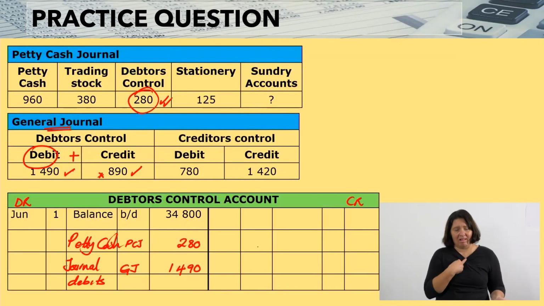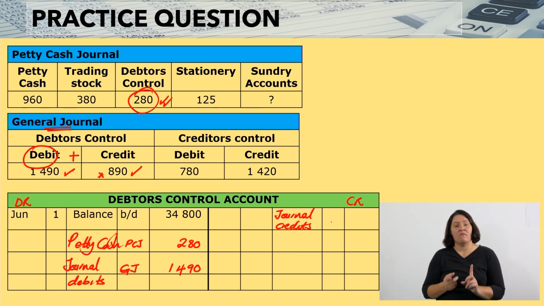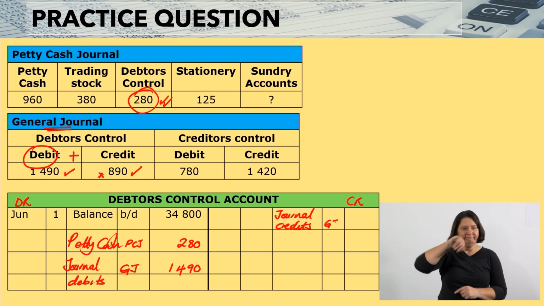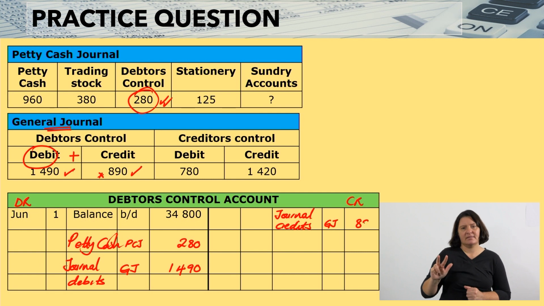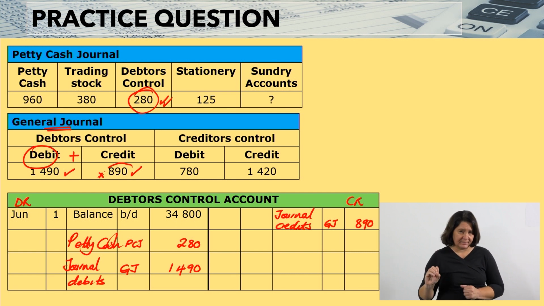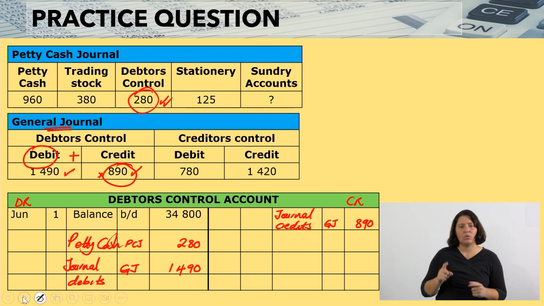I'll come to the credit side and I'll now say journal credits. Journal credits. Again, this is from the GJ. And I will have 890, as you see over here. This is how you should record it in the debtors control account.